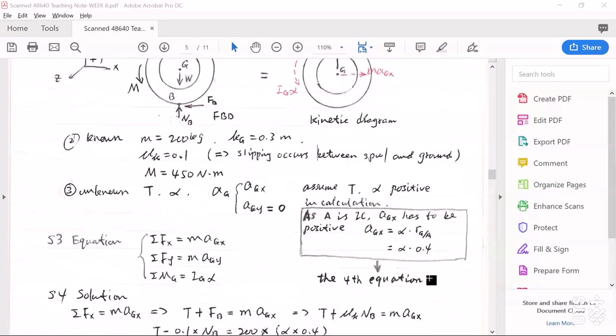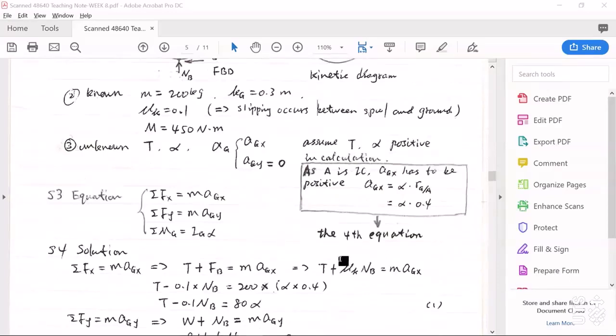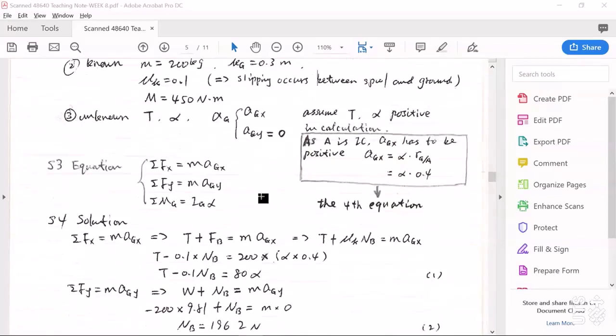Now, look at the first 3 equations. This one along x direction, we have T and FB. T to the right side, positive.